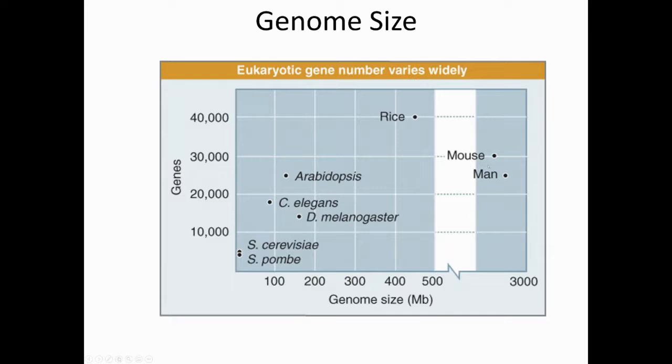So the connection is weak. The reason is that there are many repetitive sequences in the genome. That's what makes it more complex. But for the prokaryotic cell, it's simple. The number of genes and the size of the genome show a positive correlation.